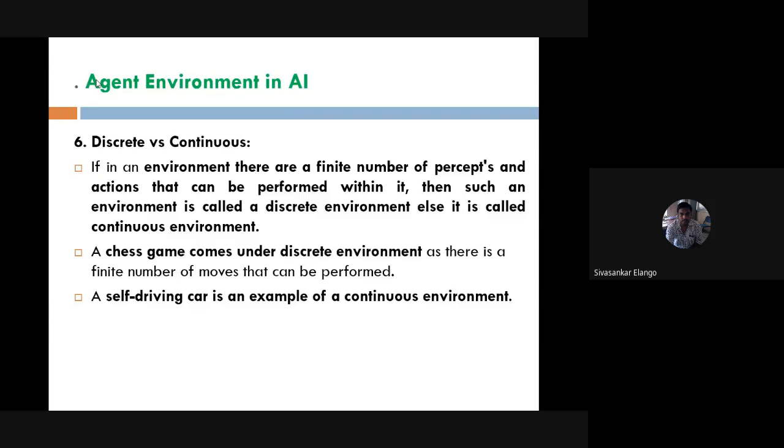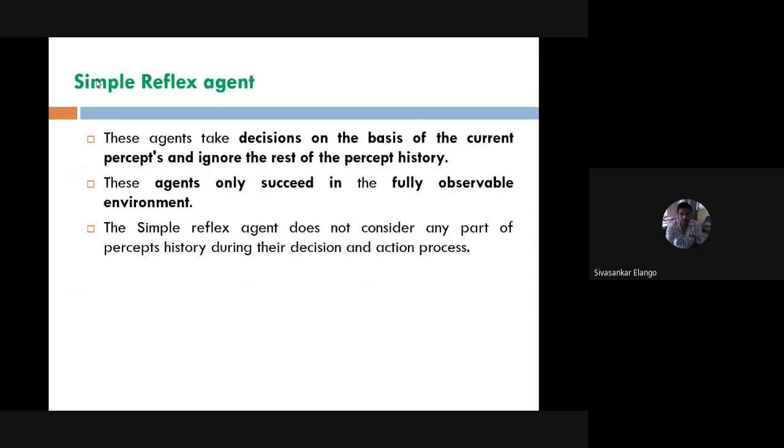And next we'll study the different types of agents available. The first basic software agent that is available is known as the simple reflex agent. A reflex agent takes decisions on the basis of the current percept and ignores the percept history. Basically, they don't have a state element to store the percept history, so they don't have any memory to store the previous percept sequences.